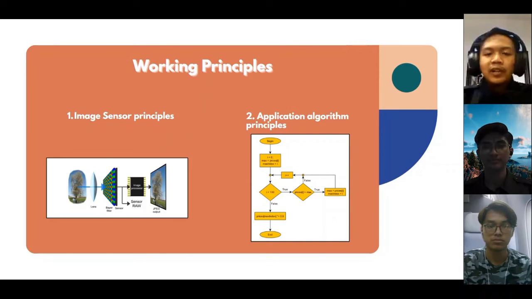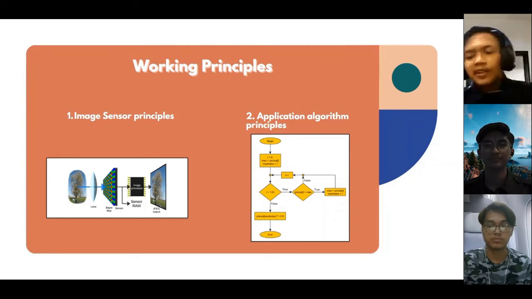The application algorithm will do its work and process the image, and the scanner will read the barcode using its coding, process the barcode and come up with data from the barcode. Okay, that is how the working principle works.